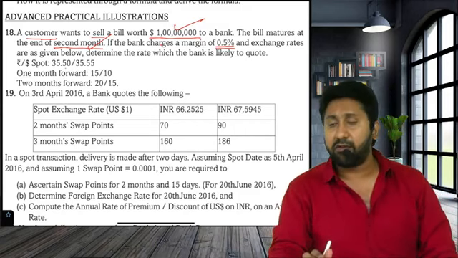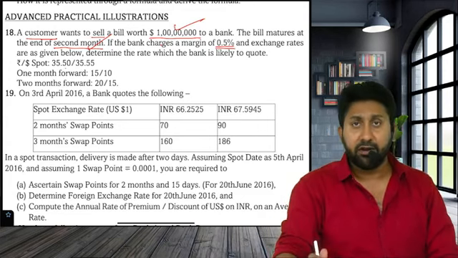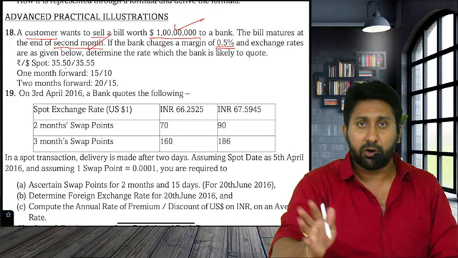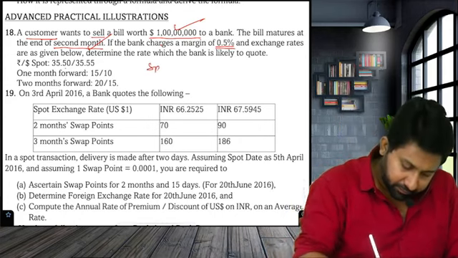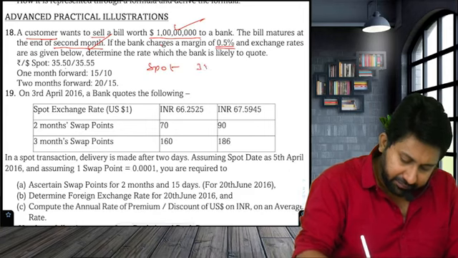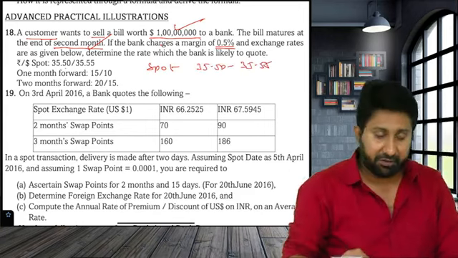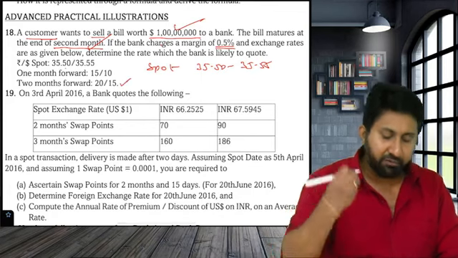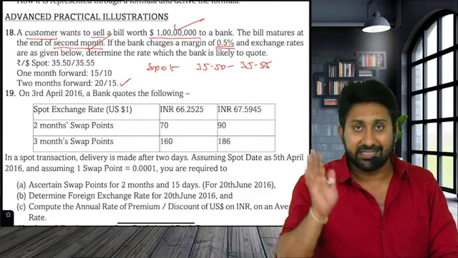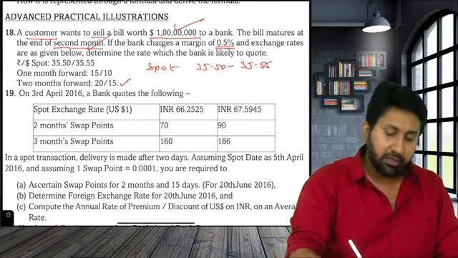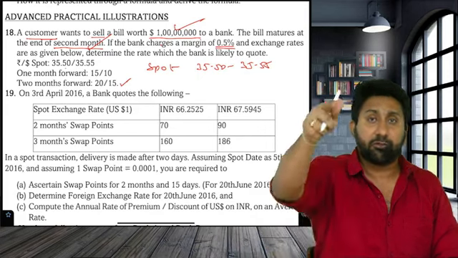Therefore, to cover yourself from the risk of loss or a fall in the foreign exchange market, we will enter into a forward contract. Which contract? Forward contract. See here, the spot rate is given as 35.5 and 35.55. We need to select the 2 months forward. Why? Because we need to sell dollars after 2 months.